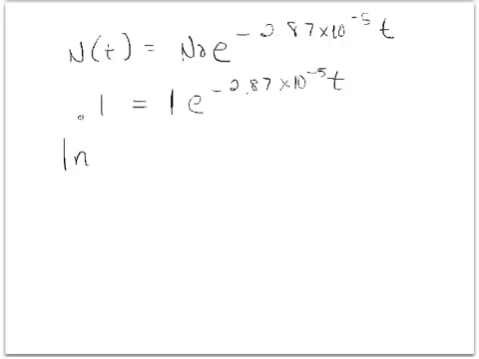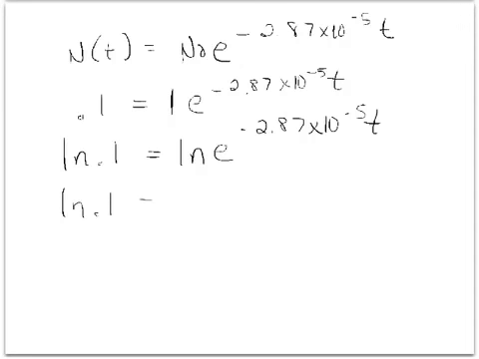Okay, take the log of both sides. Natural log of 0.1, natural log of e to the power. So natural log of 0.1 equals negative 2.87 times 10 to the negative 5th t. Grab my calculator again and do that division.